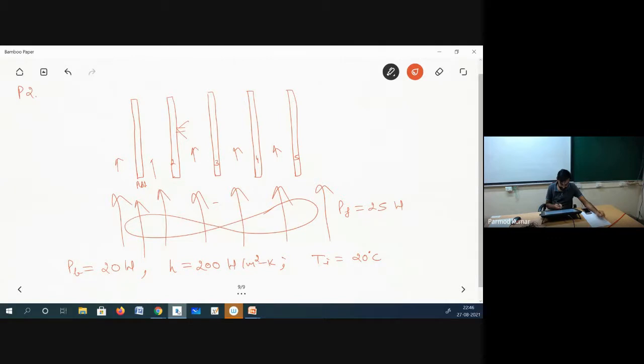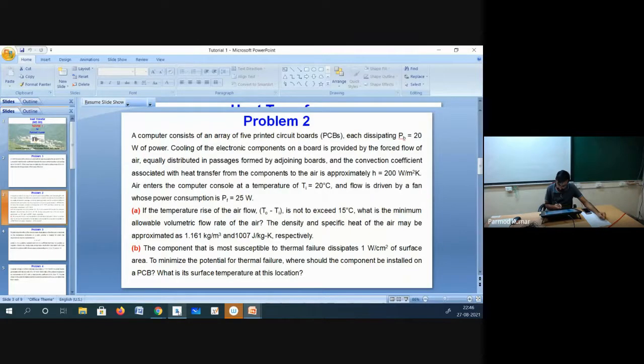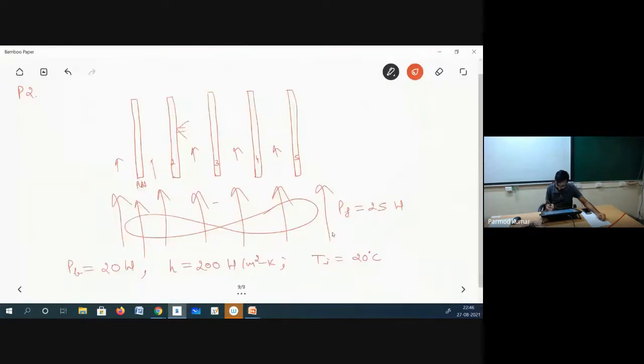After this, it is given in the question that the air has an inlet temperature equal to 20 degrees Celsius, and when the air moves out, obviously it will take some heat from the circuit board. Say its outlet temperature is unknown to us at the moment. But in part A it is given that T0 minus Ti should not exceed 15 degrees Celsius.